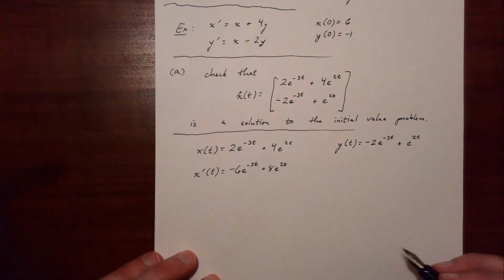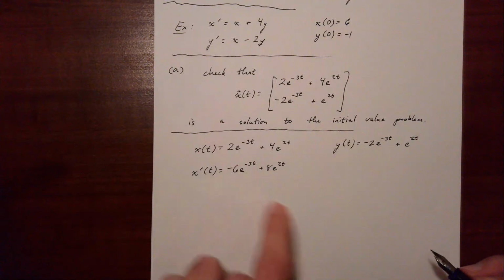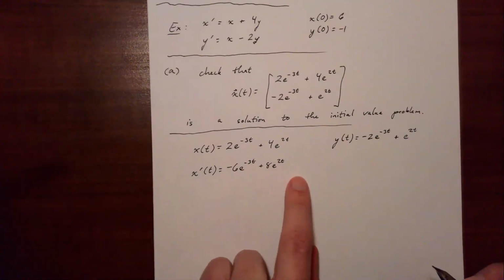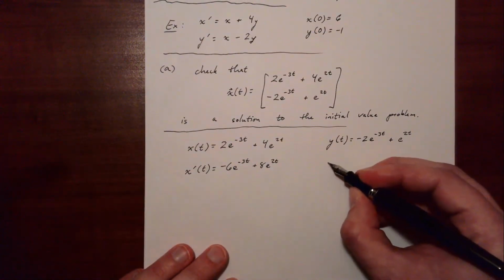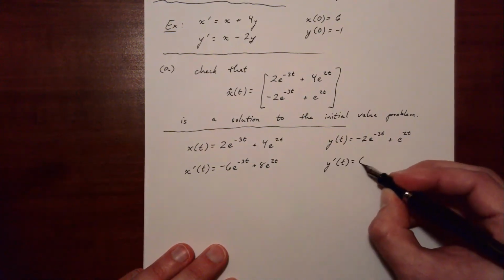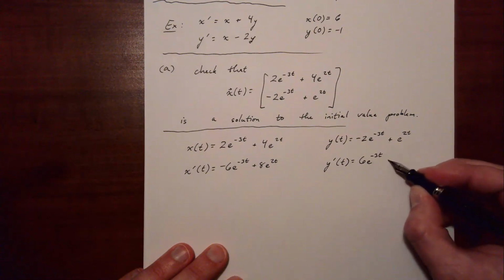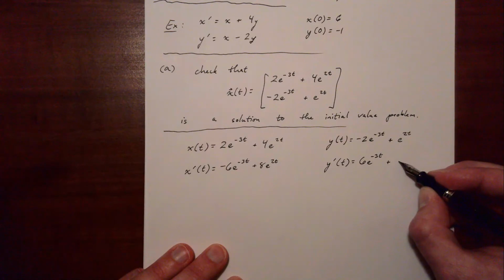Remember, when you are taking a derivative of something of the form e to the negative 3t, the e part stays the same, but there is an extra factor due to the chain rule of whatever the constant that's on top of the t is. And then y prime of t is going to equal 6 e to the negative 3t plus 2 e to the 2t.